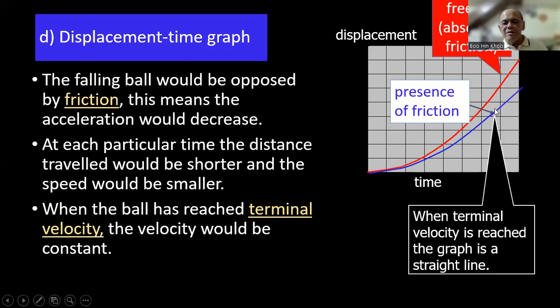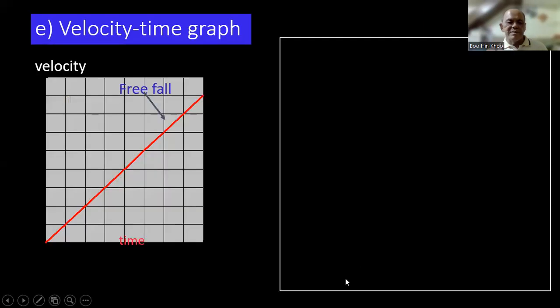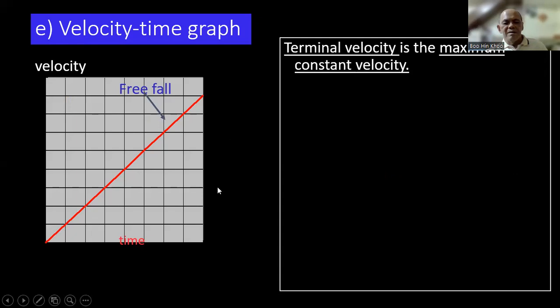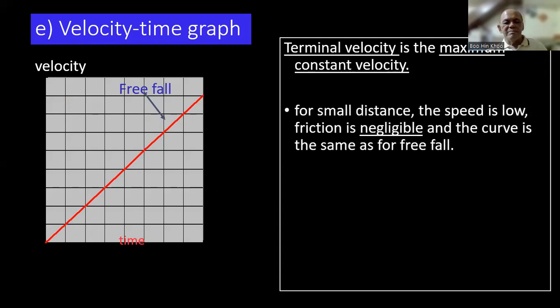Right? For this part onwards, it's a straight line where it reaches terminal velocity. Right? The velocity time graph with no air resistance is a straight line passing through the origin. Remember, terminal velocity is the maximum constant velocity.